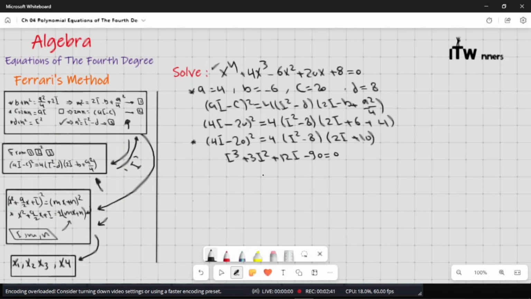Okay, and by solving this third degree equation we will obtain that i equal to 3, and let me write this note for the roots of this equation. Okay, here the roots can be a, b, and c.